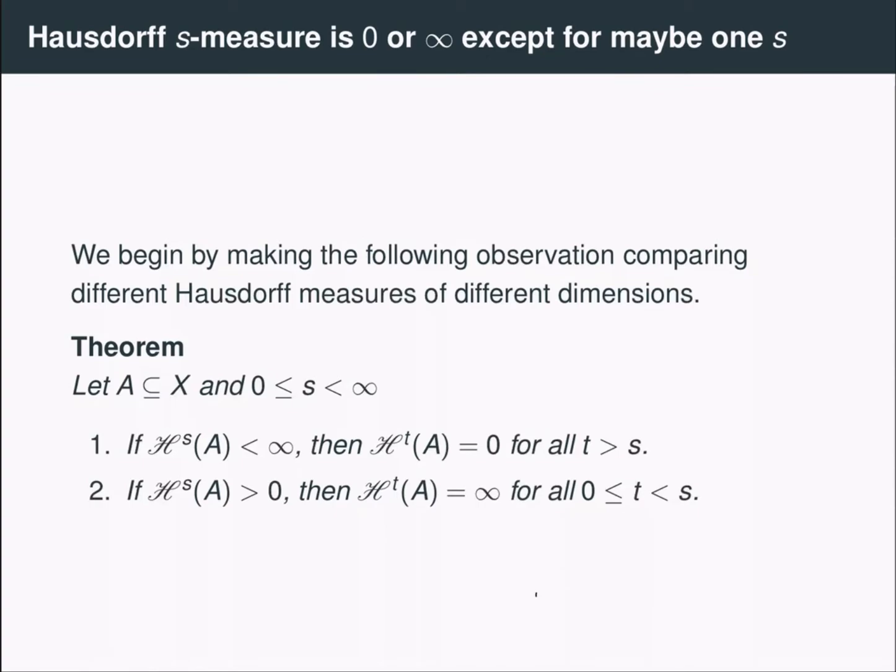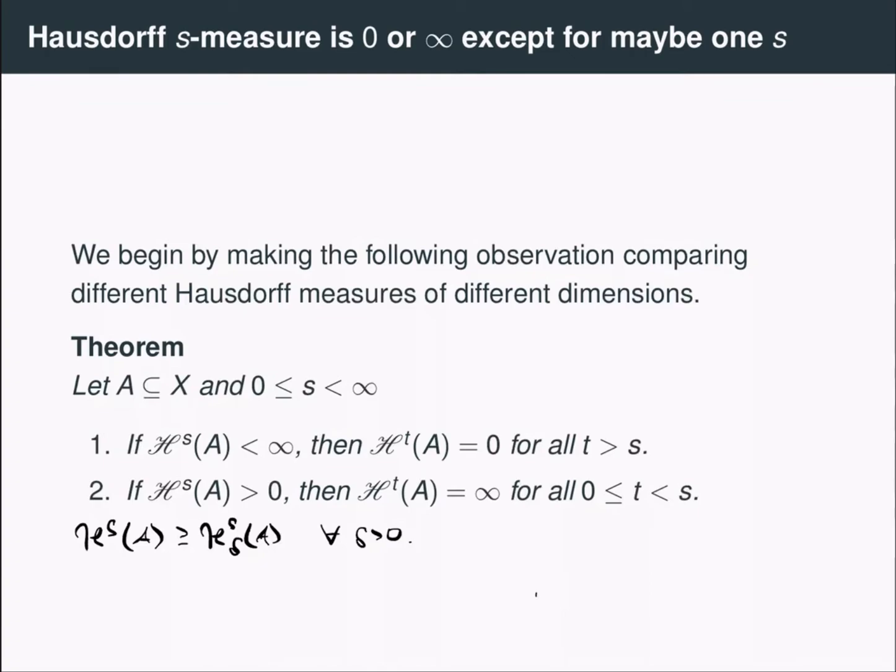So first of all, recall that H^s of A is the increasing limit of the H^s_delta of A as delta goes to 0. And so H^s of A is at least H^s_delta of A for all delta bigger than 0.